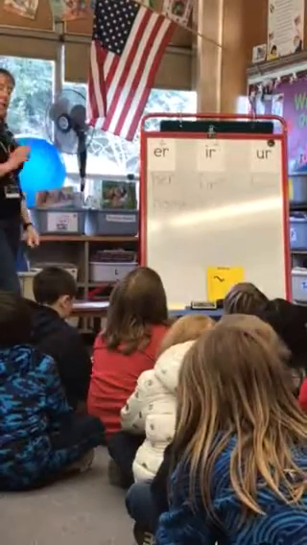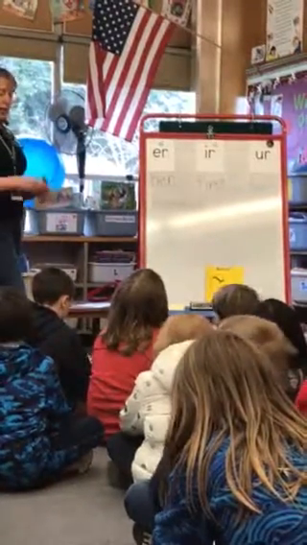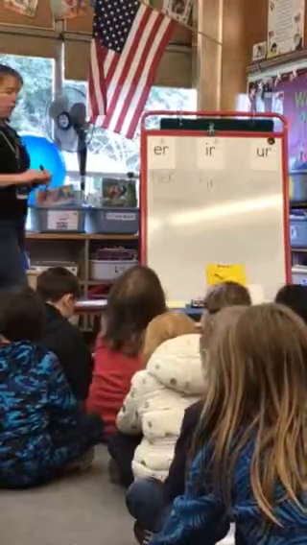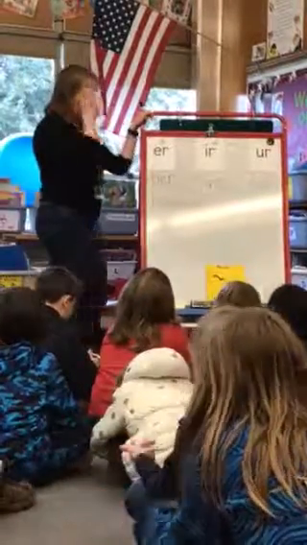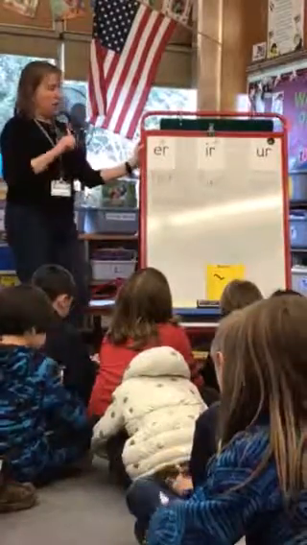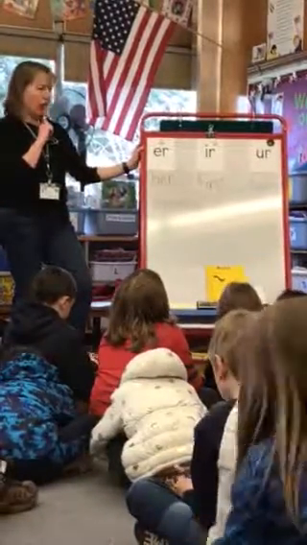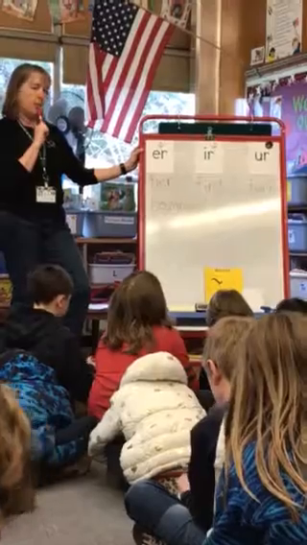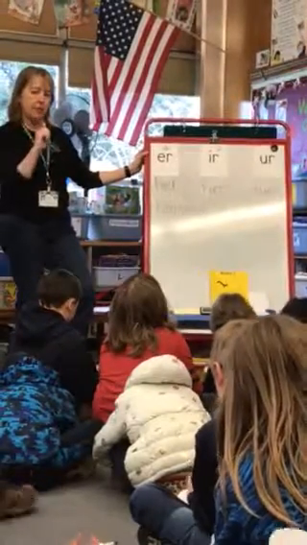All right, so let's take the word her. I want everybody to write her on your chart, on your board. And let's figure out how we would mark it. What would we do with her? Who remembers what we would do? What do you think, Milo?